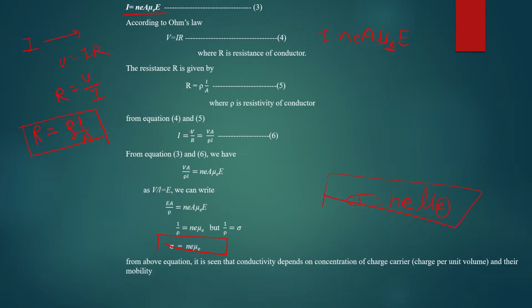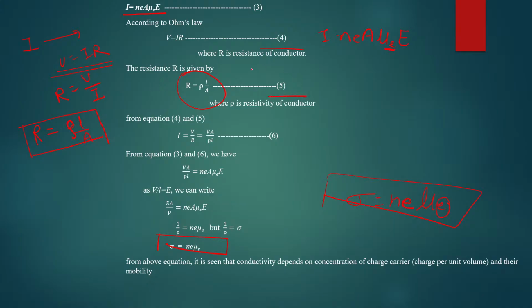Then we are putting the values here. So R is equal to rho L by A. Then V is equal to I R, equation number 4, equation number 5.